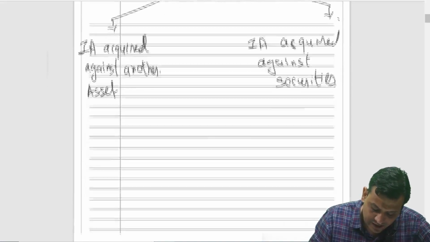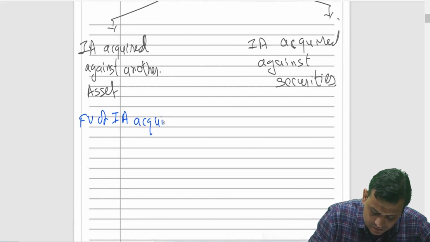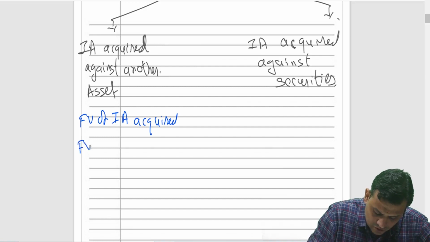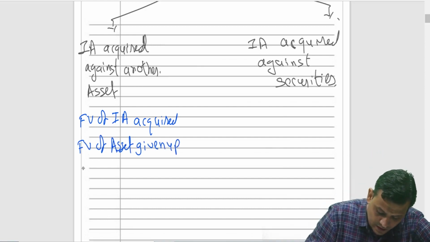So if it is an intangible asset against another asset, the standard says fair value of the intangible asset acquired or fair value of the asset given up. For our understanding, I will say fair value is nothing but market value, or book value of the asset given up.